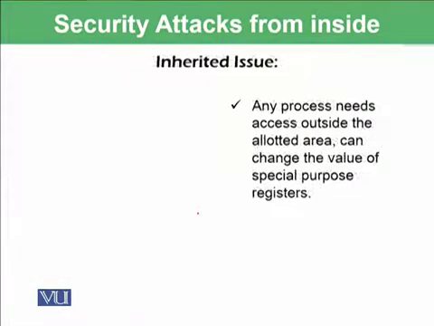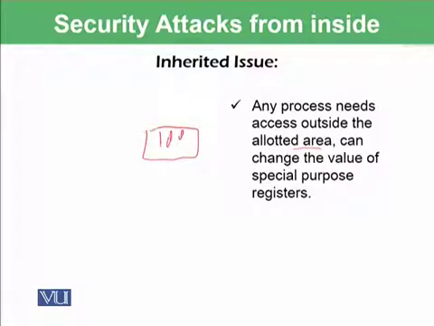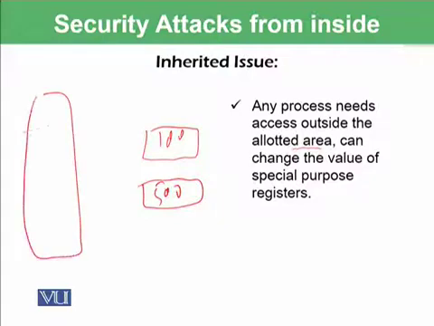And if any process needs access outside the allotted area, it can change the value of the special registers. For example, we said that it was 100 and this was 500, and this memory is 100 to 500.